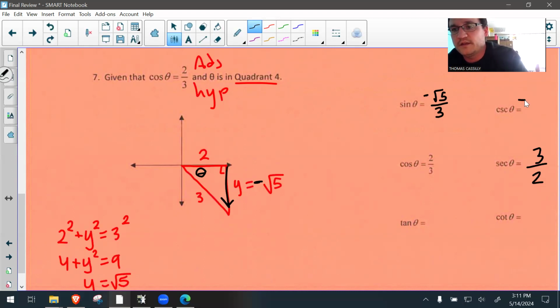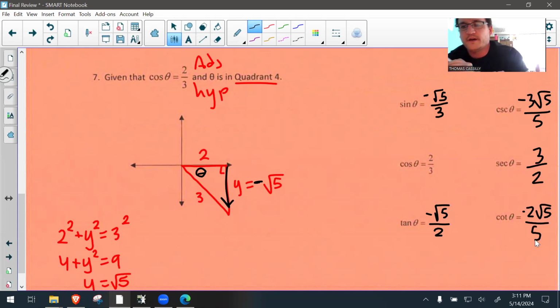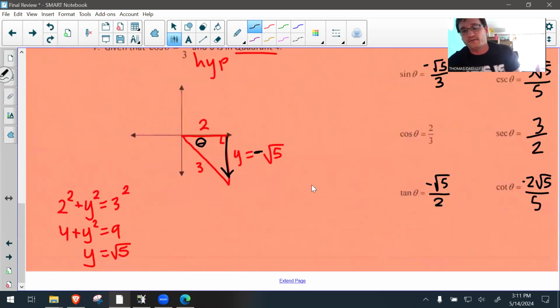So this is negative 3 root 5 over 5, just to save some room. And then the tangent is negative square root of 5 over 2. So same thing, I'm going to reciprocal and rationalize all in one go. That is negative 2 square root of 5 over 5. Right, and that one is done.